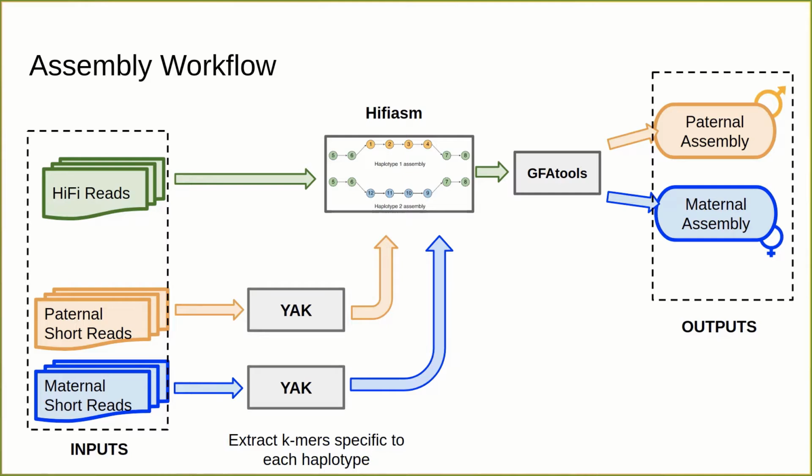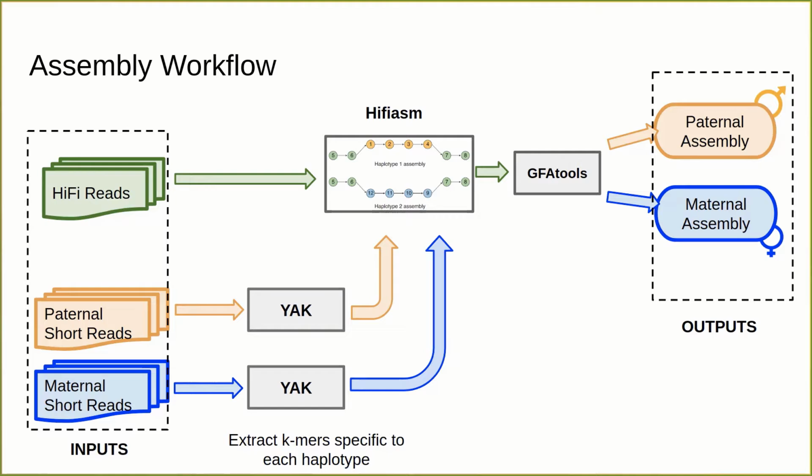But hifiasm does not take the raw short reads. What it needs is the output of Yak, which is another tool for extracting k-mers specific to each haplotype.